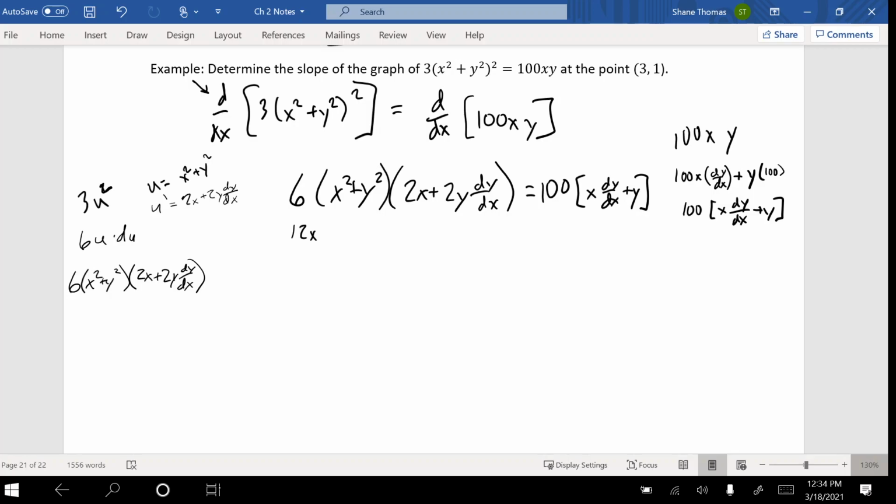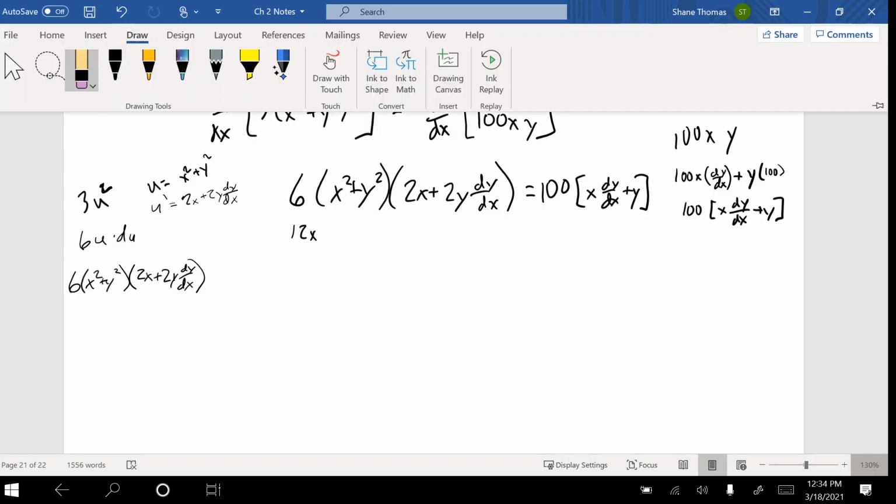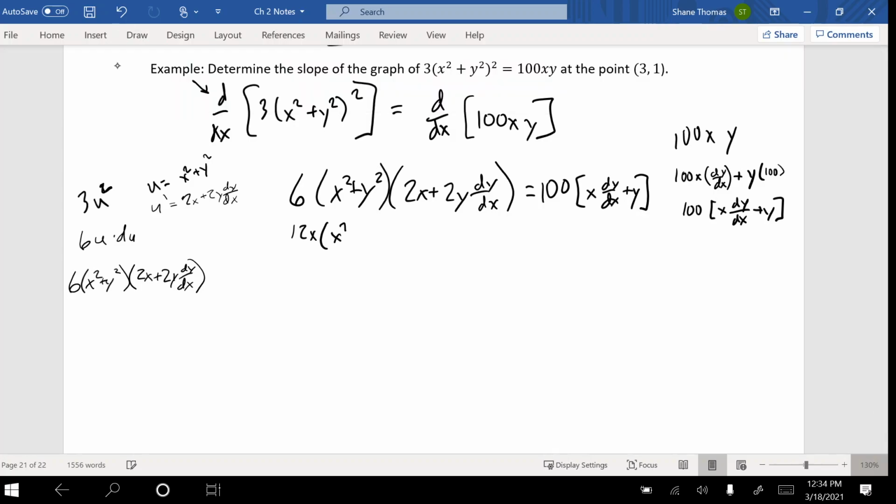So we have 12x(x squared plus y squared) plus 12y(x squared plus y squared) dy/dx equals 100x dy/dx plus 100y.